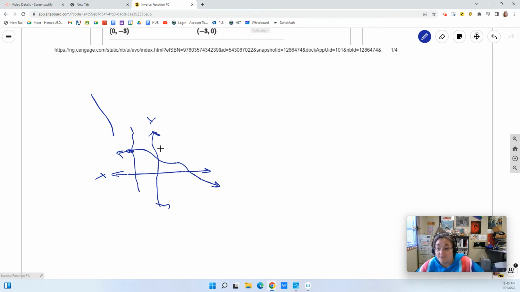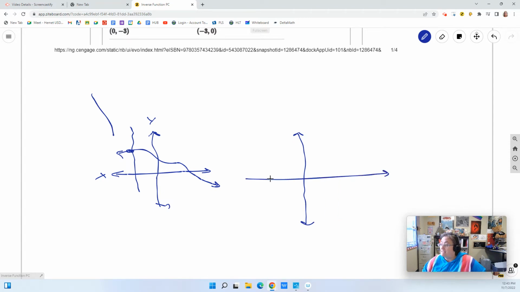it's a function, right? Well, the way we can tell if a function has an inverse is if we graph the function and it passes a horizontal line test.